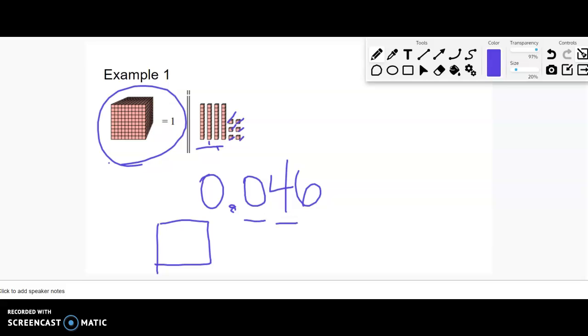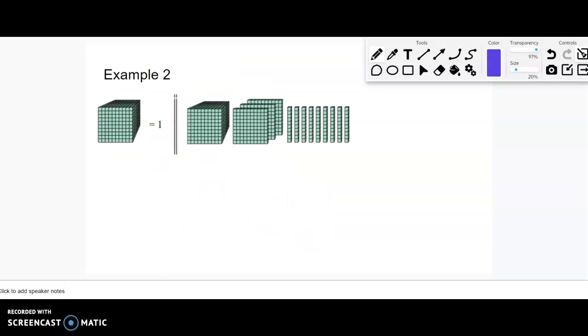The way I'm doing this is remembering, okay, this is my tenths, this is my hundredths, this is my thousandths. So however many hundredths I count, that's going to go in my hundredths place. However many thousandths I count, that's going to go in my thousandths place. Make sure you're writing these down so you can refer back to it. This is my whole.